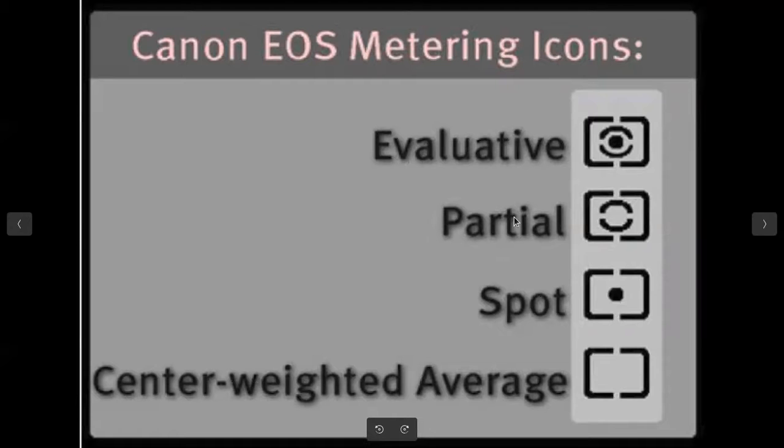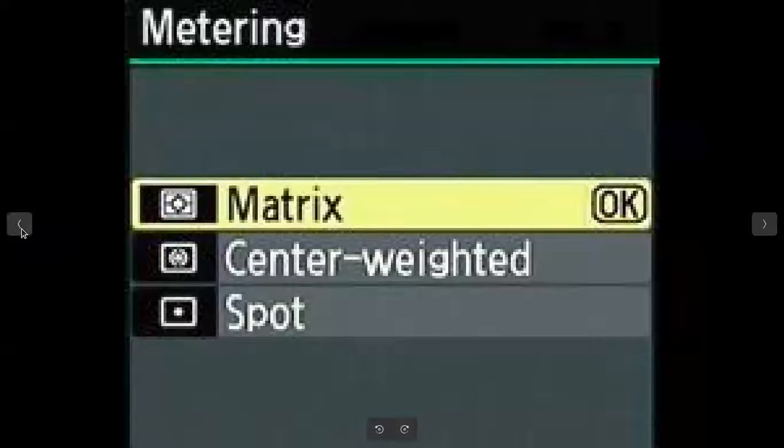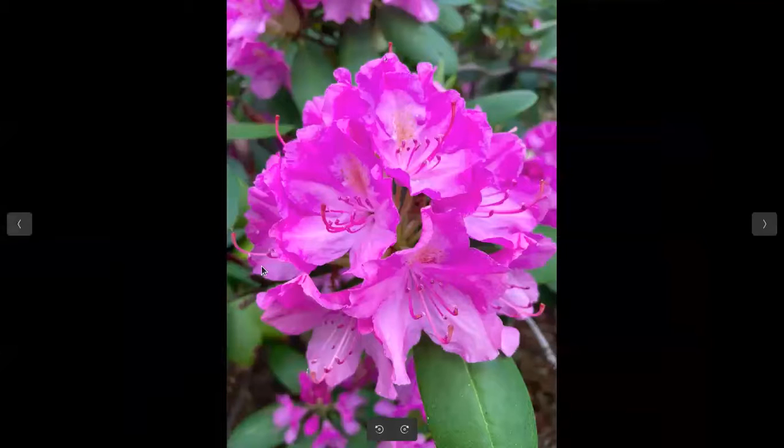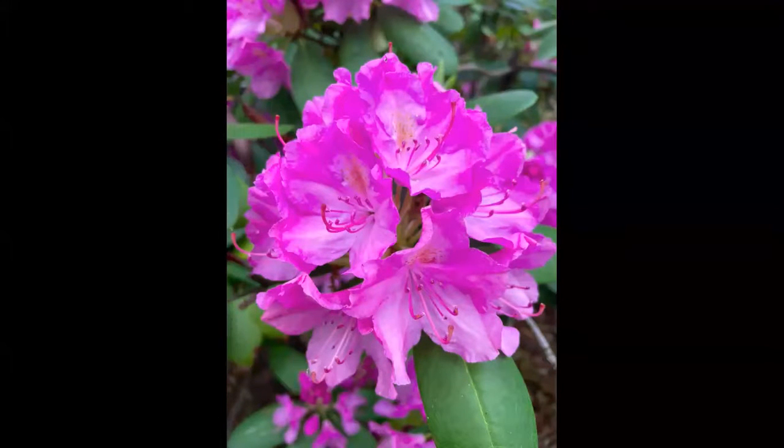Now partial metering we will be discussing. What is that? It is nothing but one type of center weighted metering only. For center weighted, the center point of the frame is considered for making the decision whether the image is overexposed, underexposed or properly exposed.